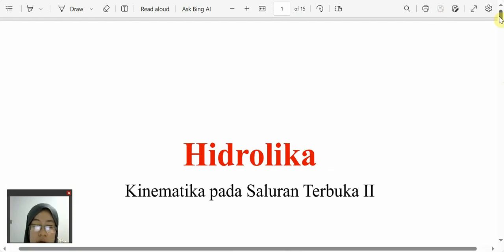Today we will still talk about the velocity and the discharge, but in this lecture we will talk more specifically about how to calculate the velocity and also the discharge with the consideration of the roughness factor.